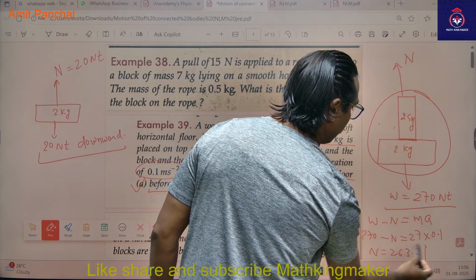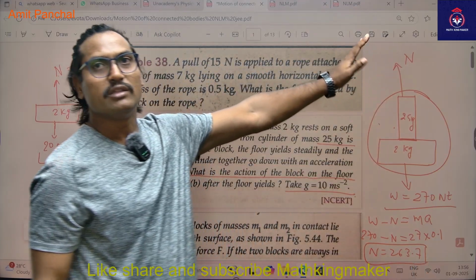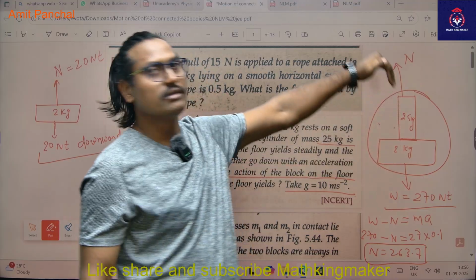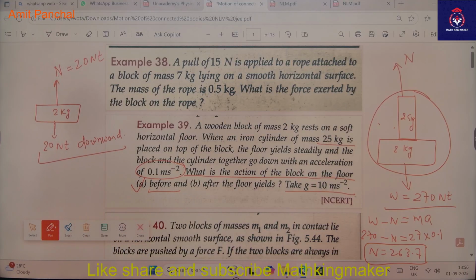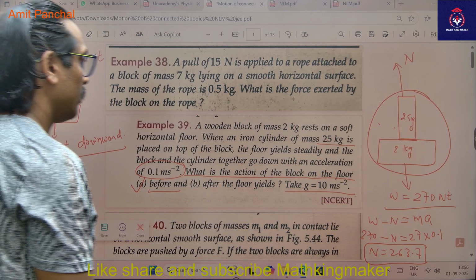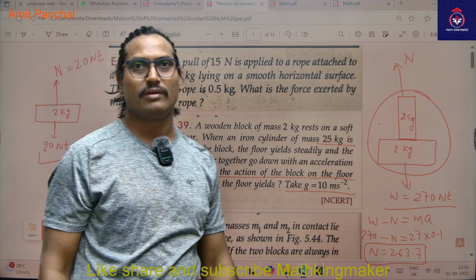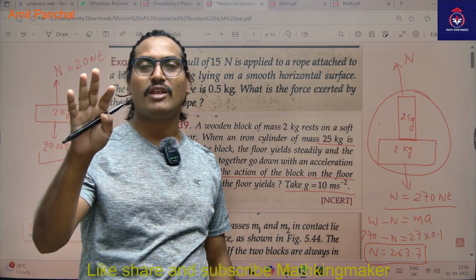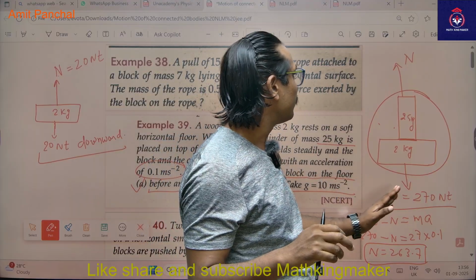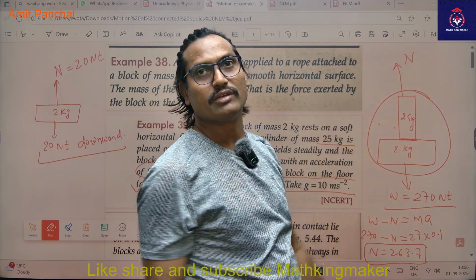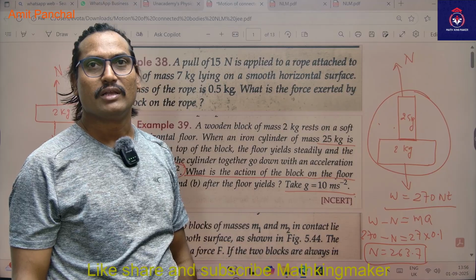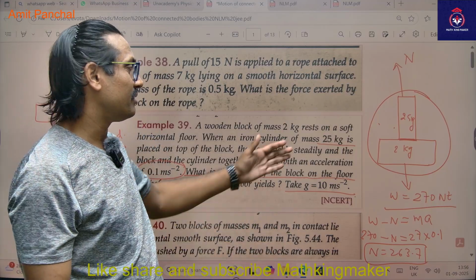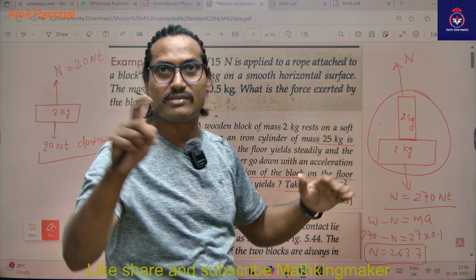And whatever will be the normal force, that will be the reaction of the entire system on the floor, isn't it? No, but shouldn't mg be the reaction of the entire system on the floor? No. Mg will not be the reaction of the entire system because N is also there. But in the previous case, you said that we'll consider mg, because they were in balance.